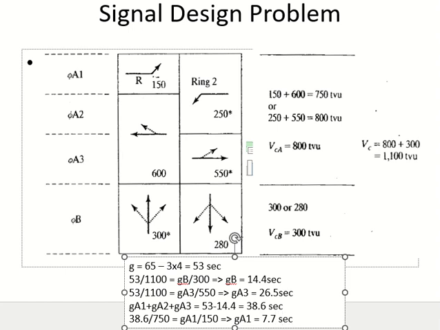Now the only remaining thing is A2, right? Now I know the total time was 53.